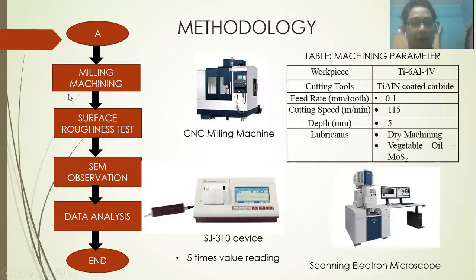Next, we'll go to the milling machining process. This is the example of the machine that is going to be used, and the machining parameters are here.